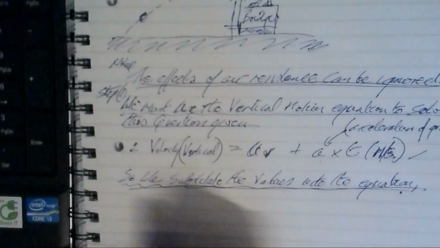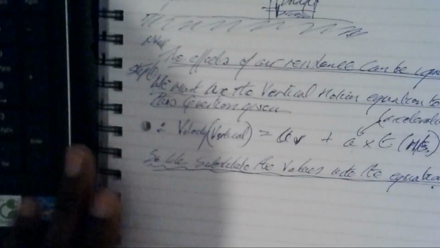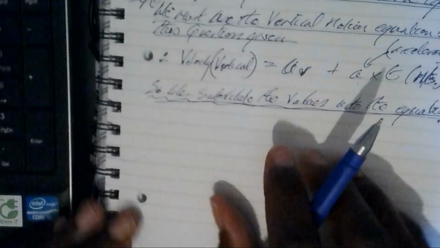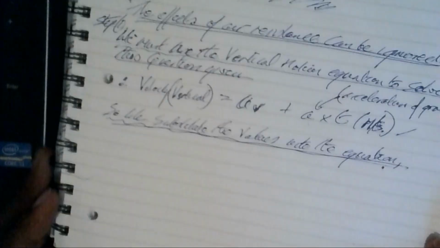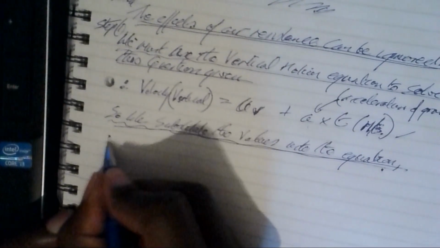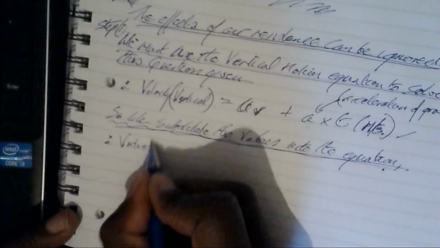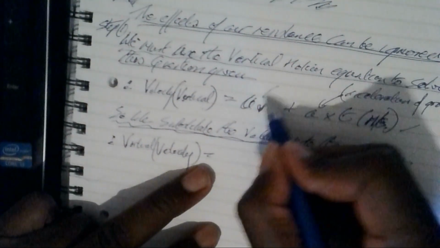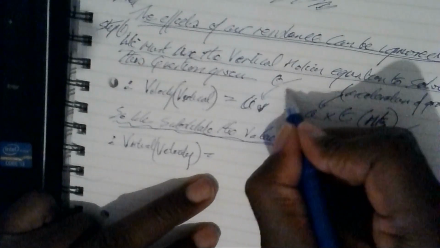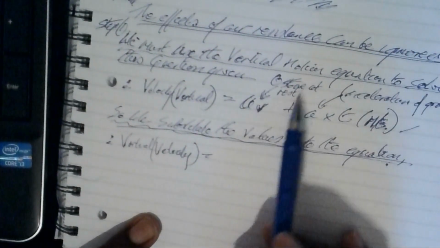The vertical velocity equals the initial velocity, which would be 0 because the stone is at rest.